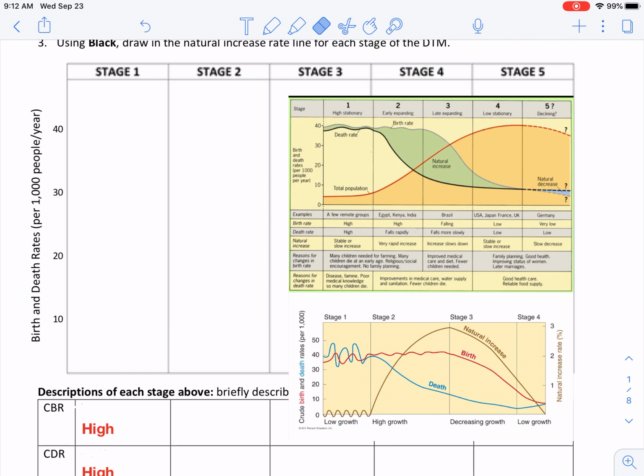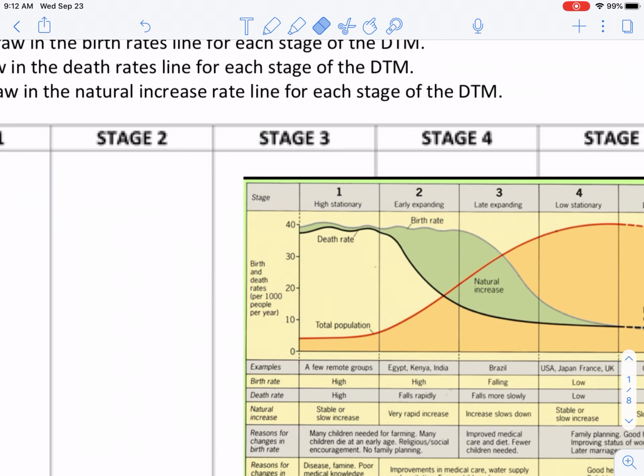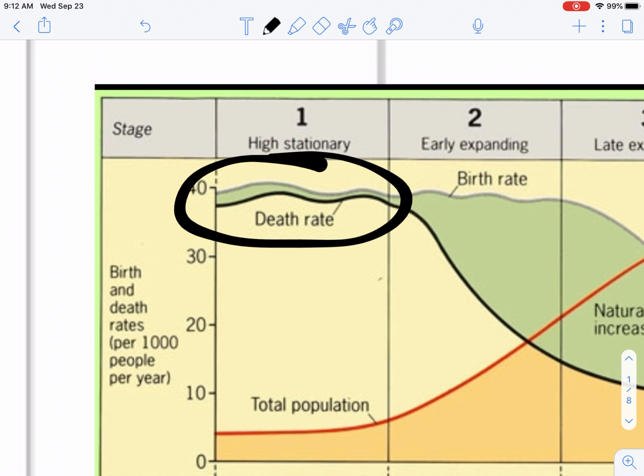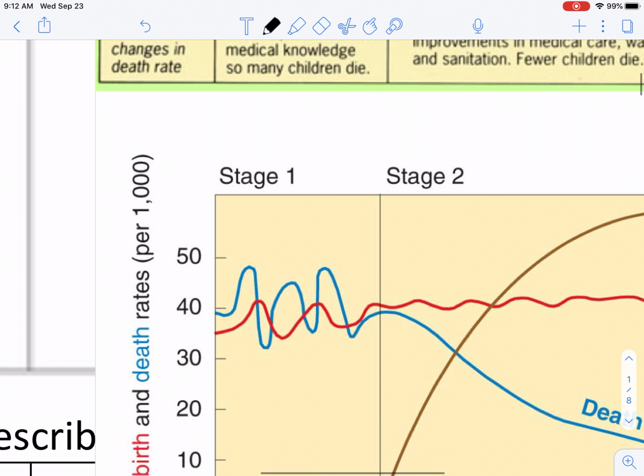All right, that said, let's draw our birth rate and death rate lines. So our birth rate is going to be green and our death rate is going to be red. Notice that the birth rate and the death rate are both around 40 in stage 1. And that's true when you look at this graph or when you look at this graph.